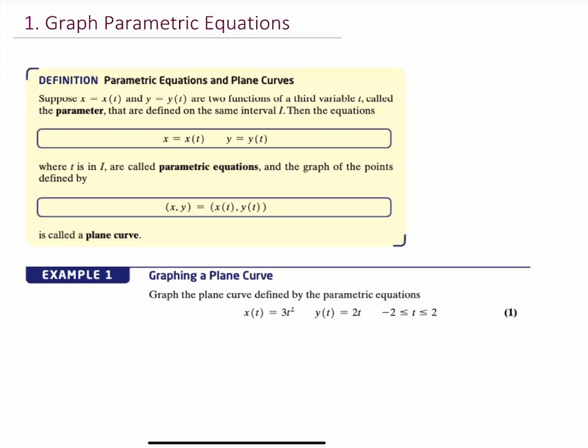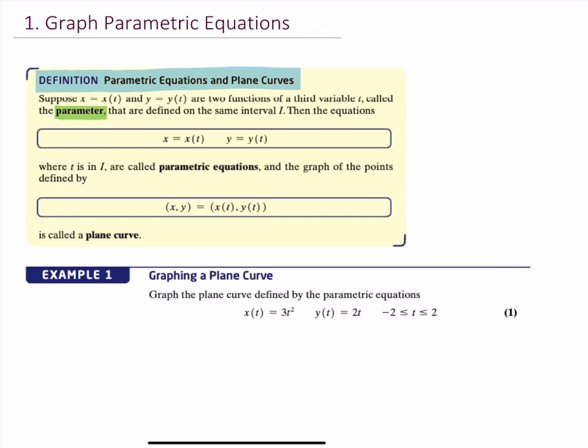So here's the text definition of a parametric equation and a plane curve. It says, suppose x equals x of t, y equals y of t are two functions of a third variable t. We call that variable a parameter, something that will change, and we can pick particular values, and that will correspond with certain x and y values.